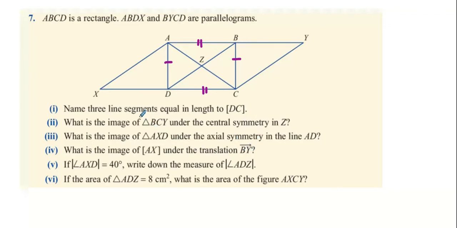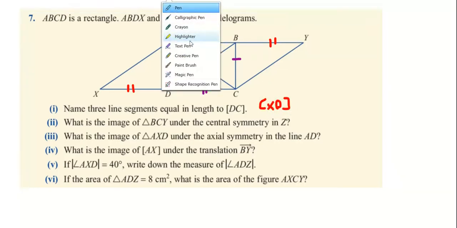So name 3 line segments equal to DC. Well, as it turns out, the two parallelograms are also equal to each other. So I'd say that these two here are also equal. So I think it's going to be X to D. Now, why are the two parallelograms equal to each other?